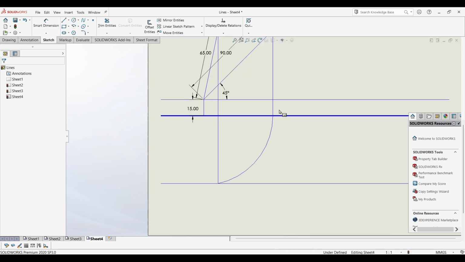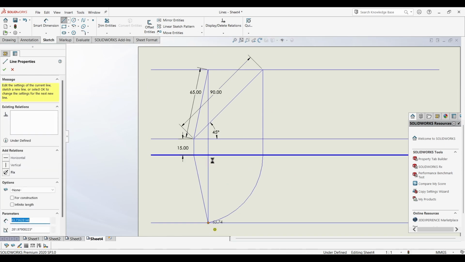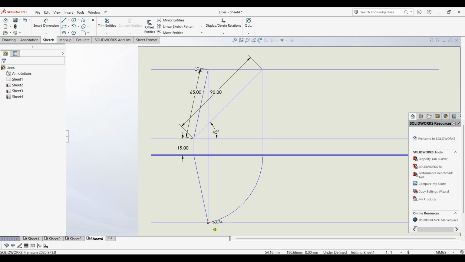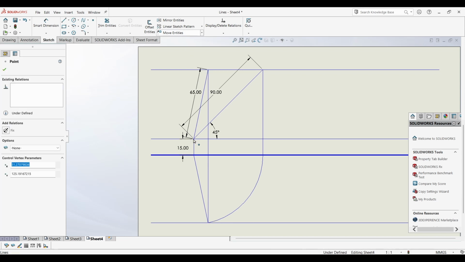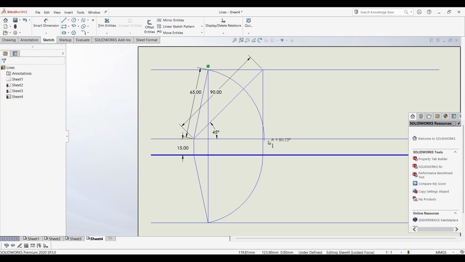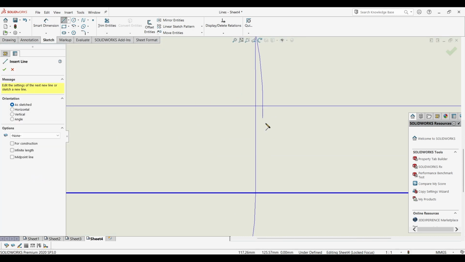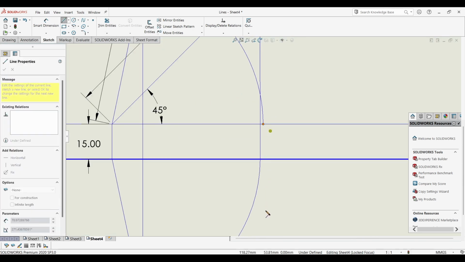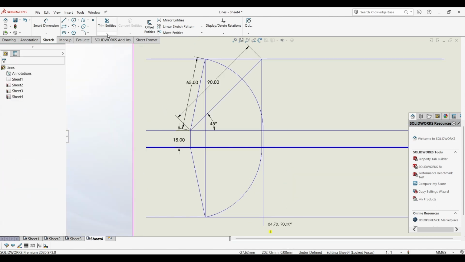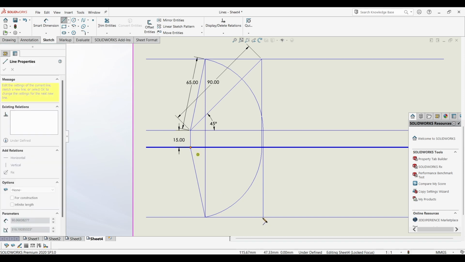And next is really simple. Then we join this line and this line. After that, we take a center point arc from point A to here, with radius from here to here, and cut an arc here. We trim this part, draw a line from here to here, then again trim this part, and then join this and this.